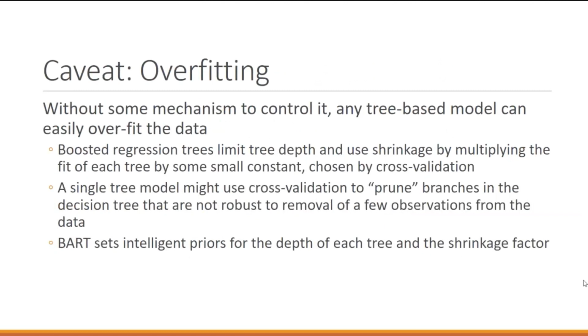The caveat here, because this is non-parametric and we're essentially just partitioning the data into smaller and smaller groups to try and achieve reduced variability in our response, is that there's a very real possibility of overfitting. So if we don't specify some mechanism to control the fit of the tree, any tree-based model can easily overfit the data.